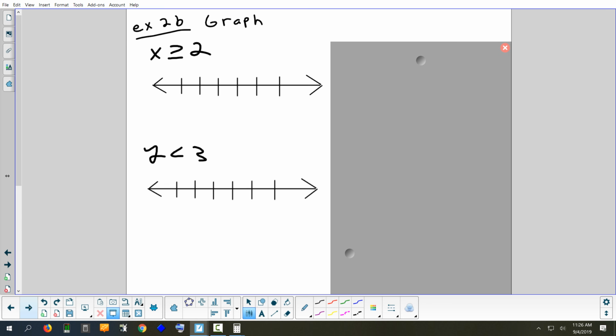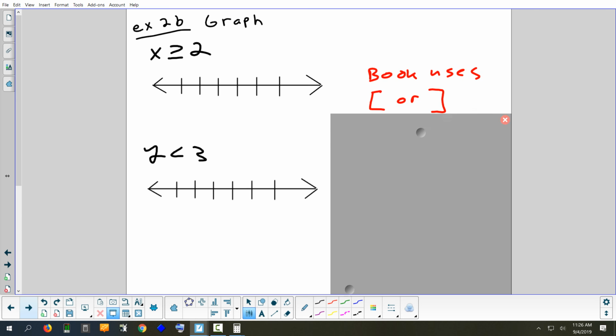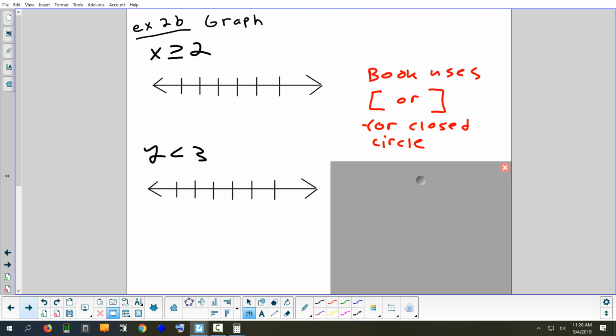So, same two problems again. In our book, they use a bracket instead of a closed circle. It's just a different symbol. Everything else is the same. So if you wanted to graph this one using the symbol in the book, they use a bracket.